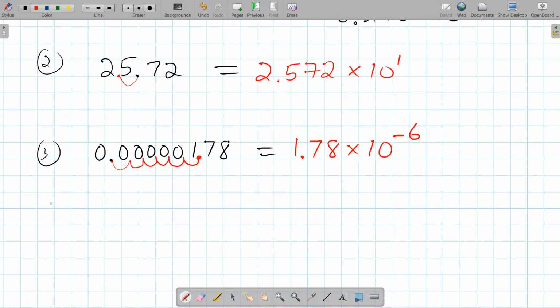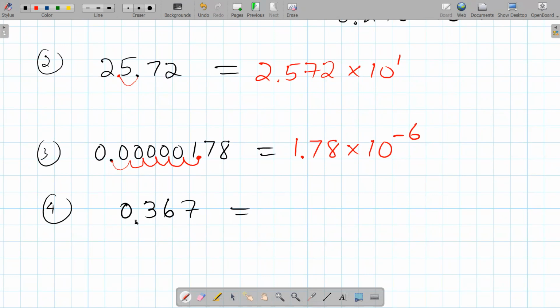What about 0.367? This is equally violating the rule. The number has to lie in between 1 and 10. This is 0.367, which is less than 1, so it is outside the rule.